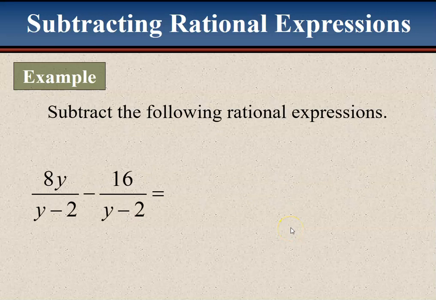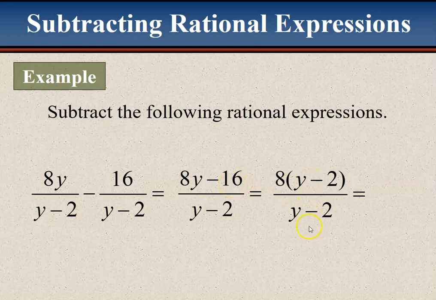Next, if we're going to subtract 8y over y minus 2 minus 16 over y minus 2, you will have 8y minus 16. Here we have the common factor of 8. We can factor 8y minus 16, which is 8 times y minus 2 over y minus 2.